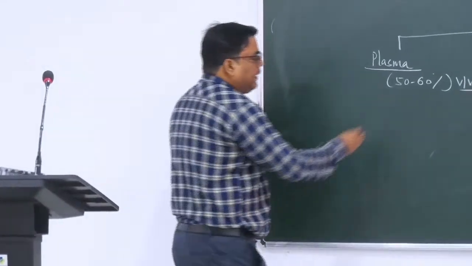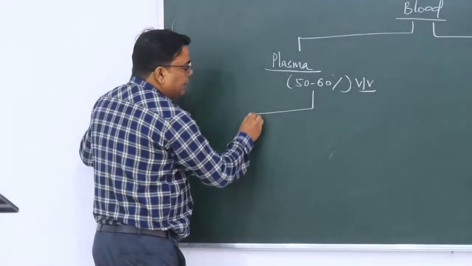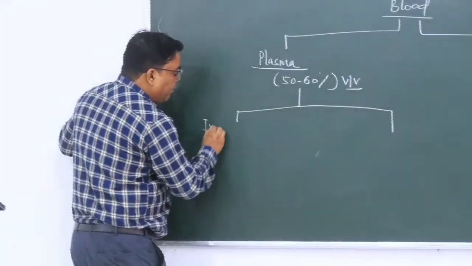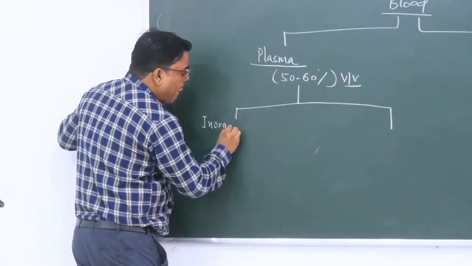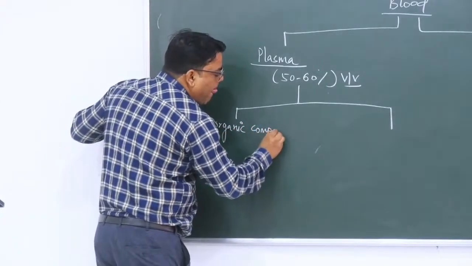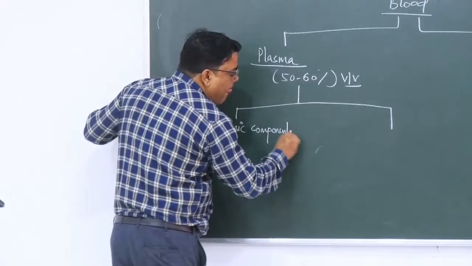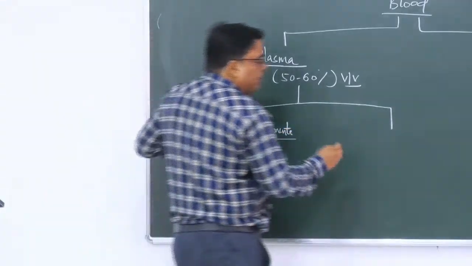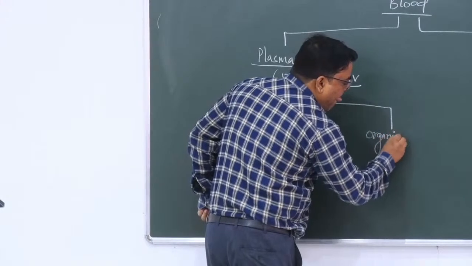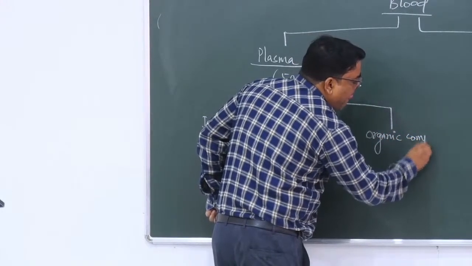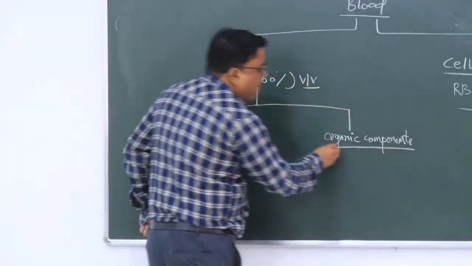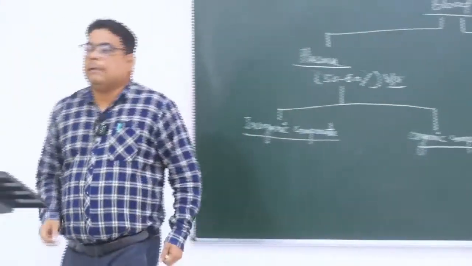And in this plasma, when we go for investigation, for a whole study of this plasma, what do we get? We get two components. The first one is inorganic components, and the second one is organic components.